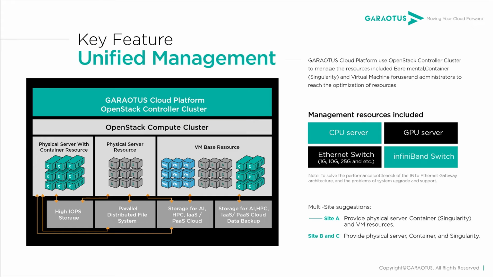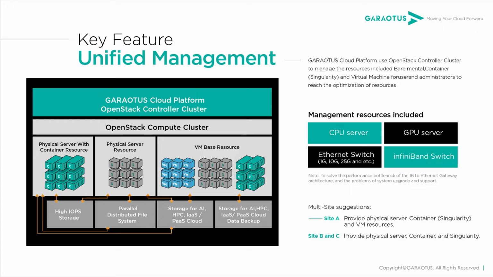Another key feature of the GARAOTUS Cloud Platform is to offer unified management for all the resources available to users. It means the platform is able to manage multiple sites, and it gives you the flexibility to design your own job workflow, leveraging the right resources from different sites or clusters based on resource availability.